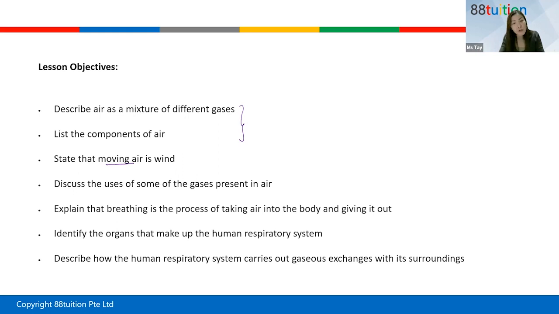So how do I actually describe air as a mixture of different gases, and what are the gases? Any idea? A very important thing: we breathe in air, so air must contain this very important gas, oxygen. Good. What else?